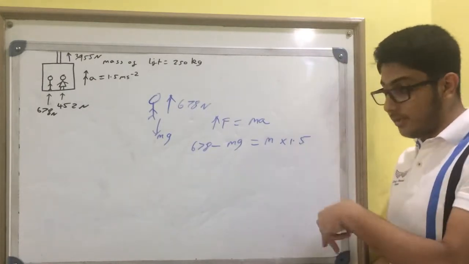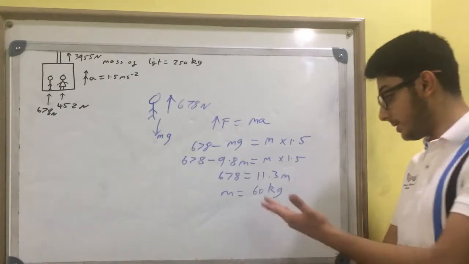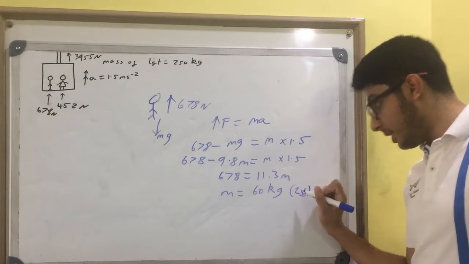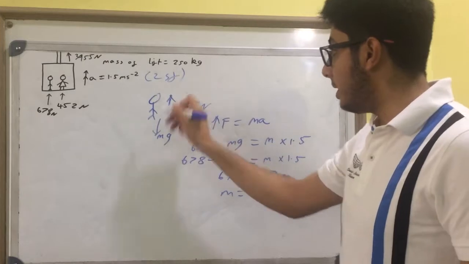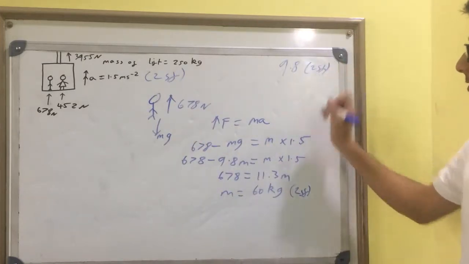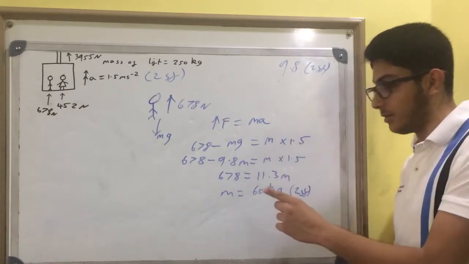So you simplify it, rearrange it. Albert's mass is 60 kilograms to two significant figures. I didn't tell you for the acceleration as well, it is also to two significant figures.